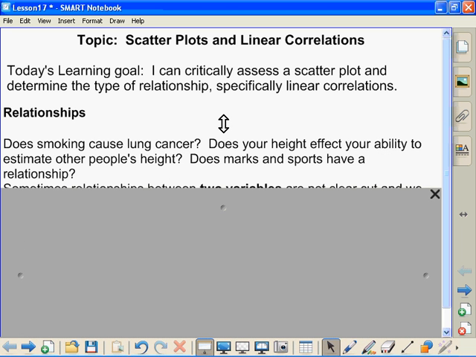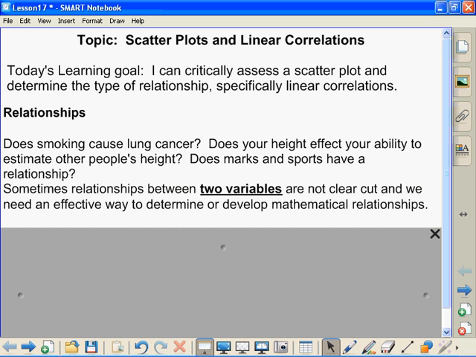Relationships. Some of the relationships that we deal with in the data management course that we're going to have to be able to critically assess: Does smoking cause lung cancer? Does your height affect your ability to estimate other people's height? Do marks and sports have a relationship? What we're doing with the project is collecting statistics to support some of the statements we made in our hypotheses or our theses.